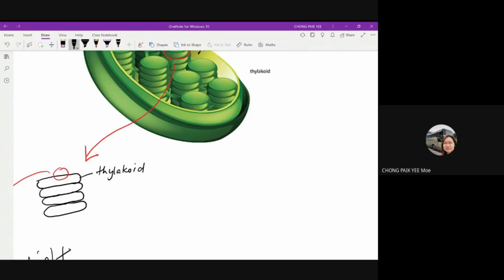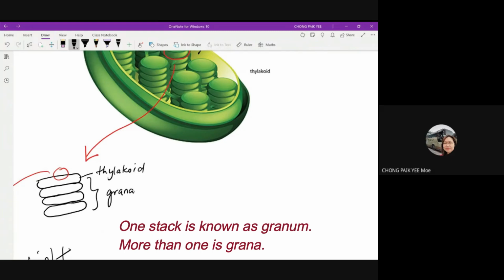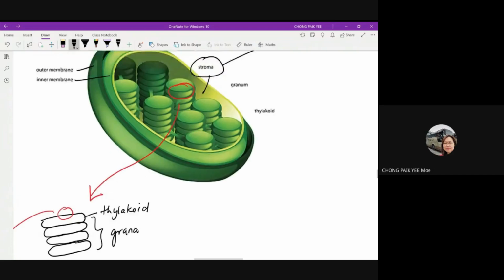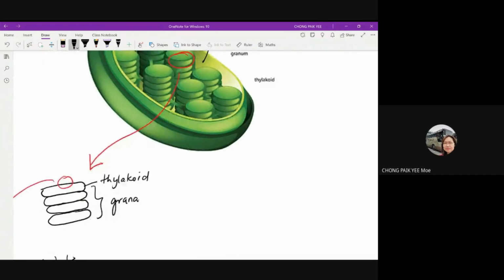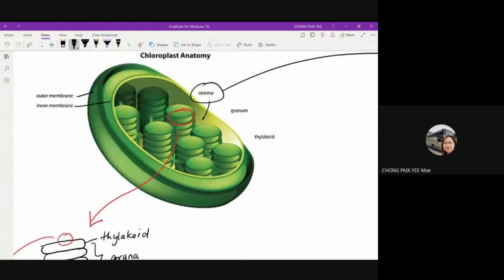When you have a stack of them, the whole stack is called a grana, so grana means stacks of thylakoids. The thylakoid has a membrane, and in this membrane there are components which carry out the whole mechanism of photosynthesis, the light-dependent one.